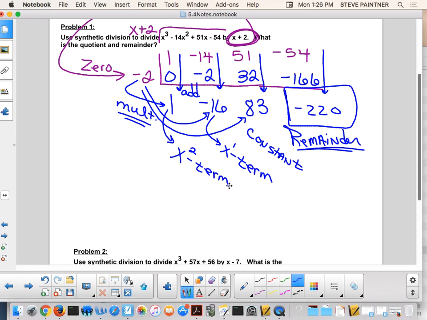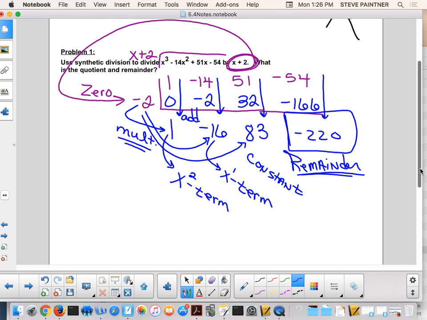Okay, now remember, this is your answer. 1, negative 16, 83, negative 220 is your answer to division. So, come back up here. Remember this? This is your answer up here in long division.